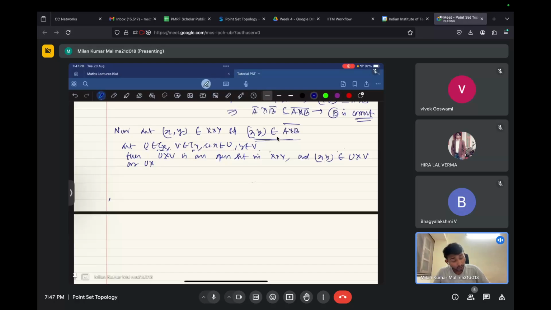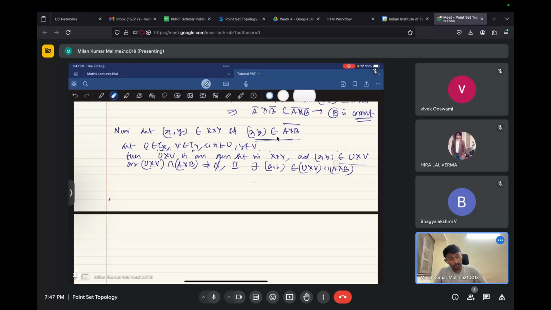As (X, Y) belongs to U cross V, and U cross V is an open set in the product topology, U cross V makes non-empty intersection with A cross B. That means there should exist a point (a, b) which belongs to U cross V intersection A cross B, right?